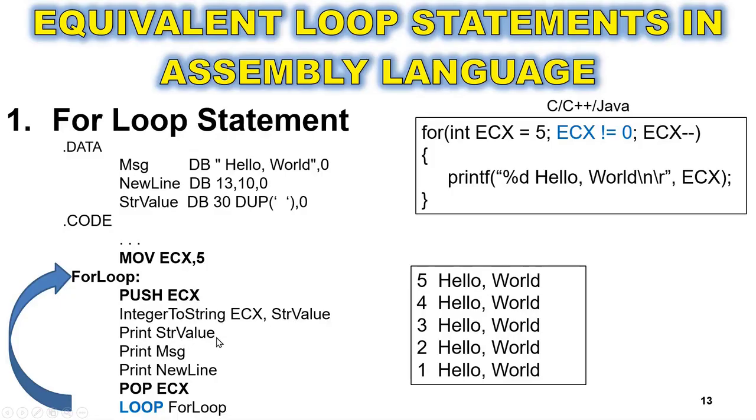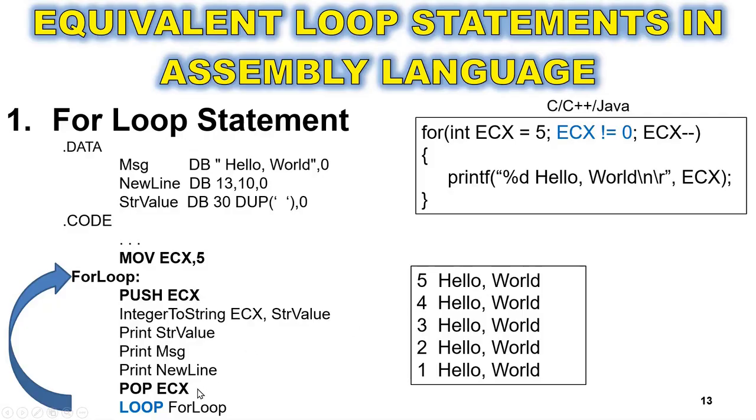Since the value of ECX contains 5, it will print the character 5 onto the console window, followed by print message hello world, and then followed by print new line 13, 10, so that the blinking cursor will move to the next line in preparation for the next message to be displayed.